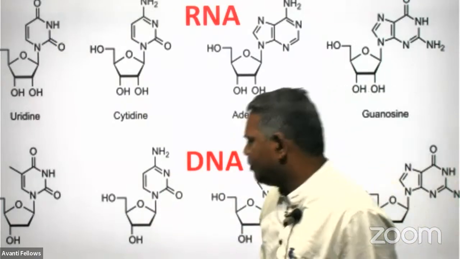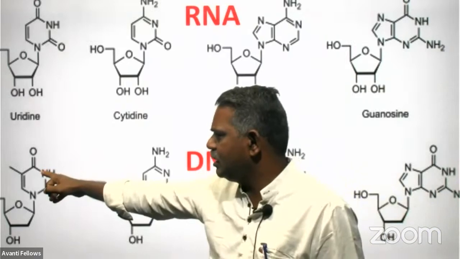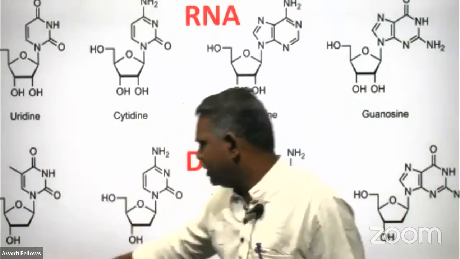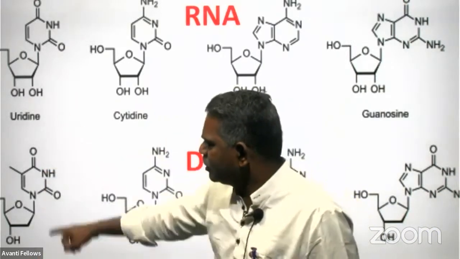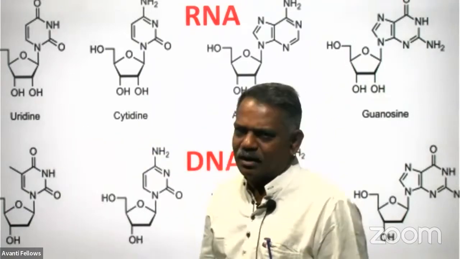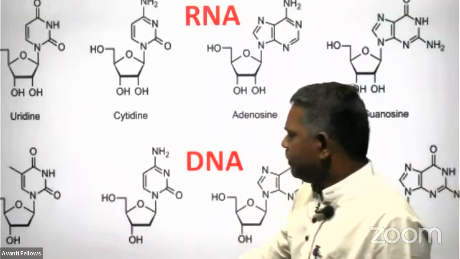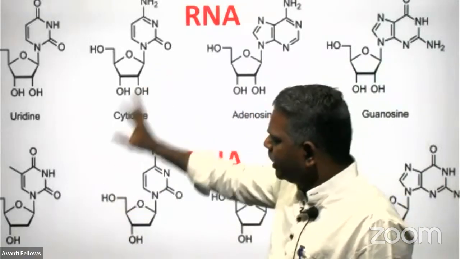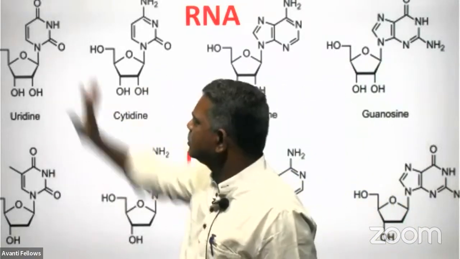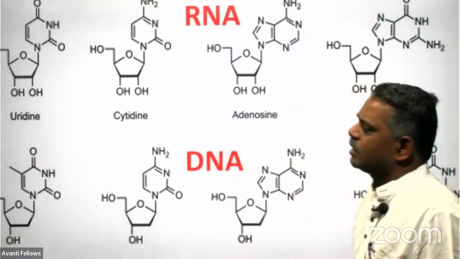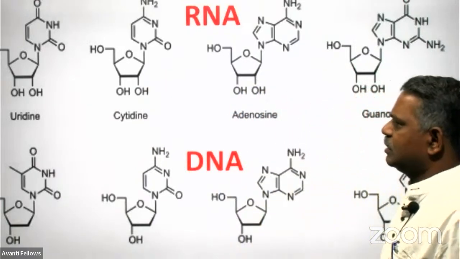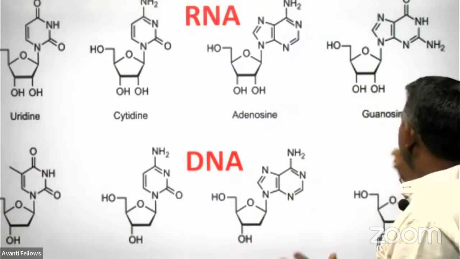Instead, we can find thymine here. That is deoxythymidine, whereas deoxyuridine is not there. And thymine is also not there in case of RNA, right? That you have to remember.